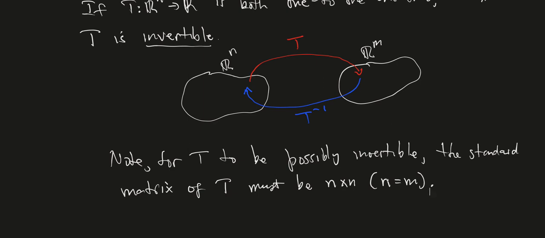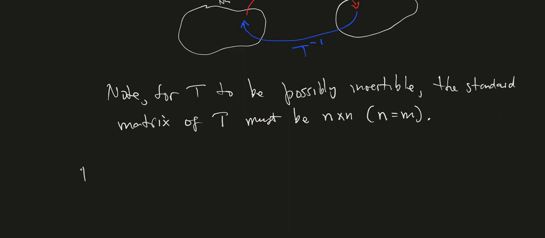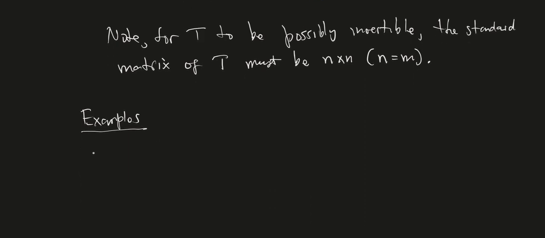All right. So let's just look at an example of this to kind of wrap this up. In fact, let's look at a couple examples. So let's start with one. Let's say our transformation goes from R2 to R3, and the standard matrix is 1, 2, negative 1, 3, 4, 1, right?